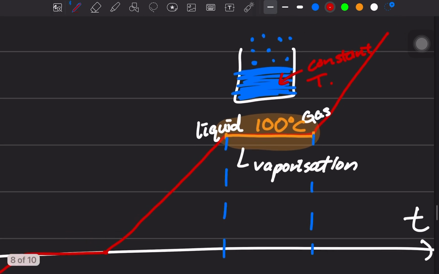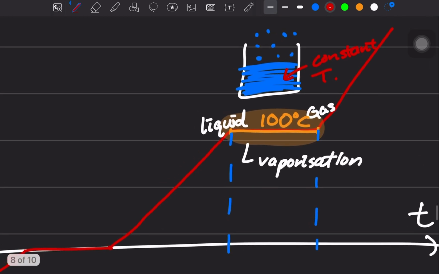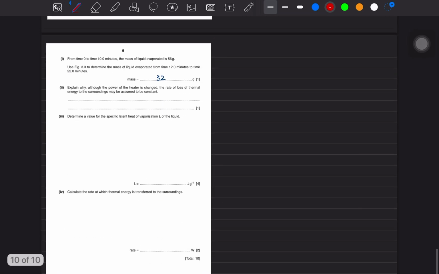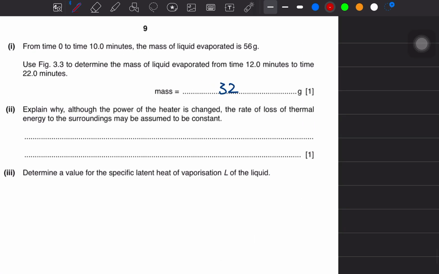And because of that, the question asks, why are we assuming that the rate of loss of thermal energy to the surrounding is constant?